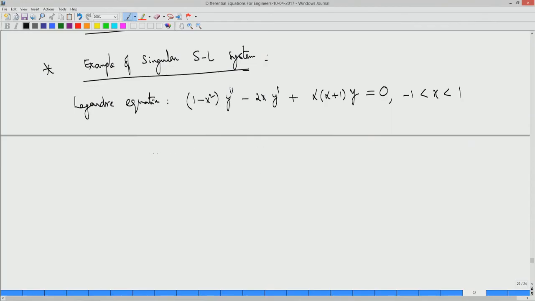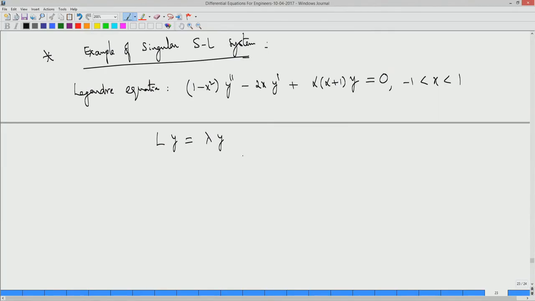And you see, you can rewrite this in the form Ly equal to lambda y, like the self-adjoint form or skew symmetric form, where L is skew symmetric. If you put it in this form, what is my L?